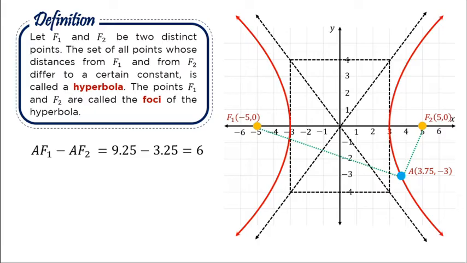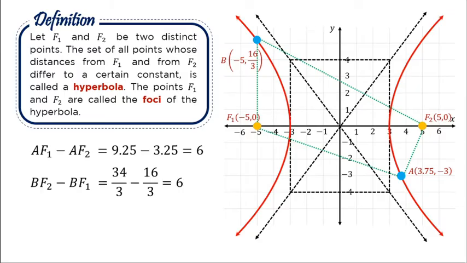Now, if I'm going to take another point on the hyperbola, suppose that is point B with coordinates negative 5 and 16 over 3, the difference of the distances should be the same as the difference we got earlier, which is 6. So let's try. B to f sub 2 is longer than B to f sub 1.